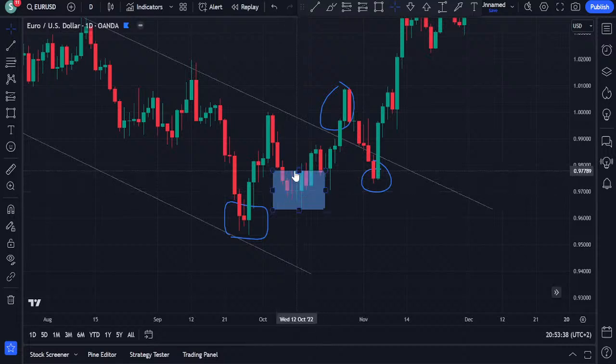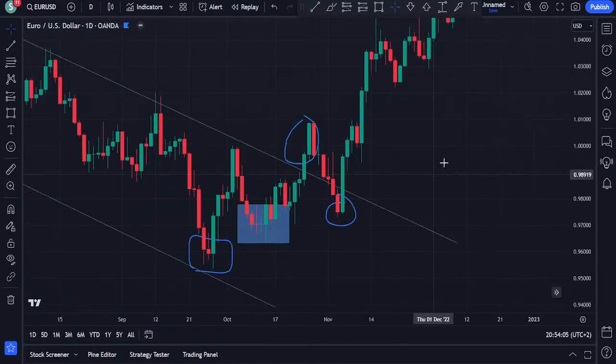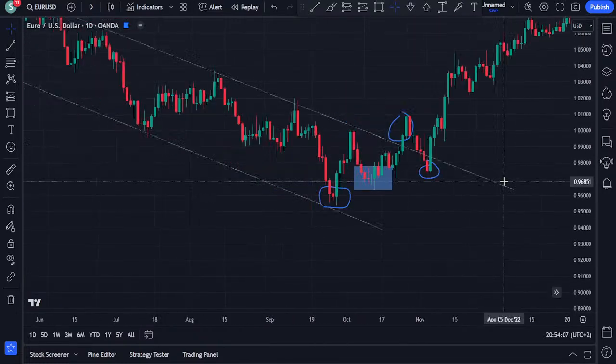We don't need to go higher than that. So we have this box. This box creates a high which defeats this one. If this one has value, I don't know, but we come back, pick it up, and we go.